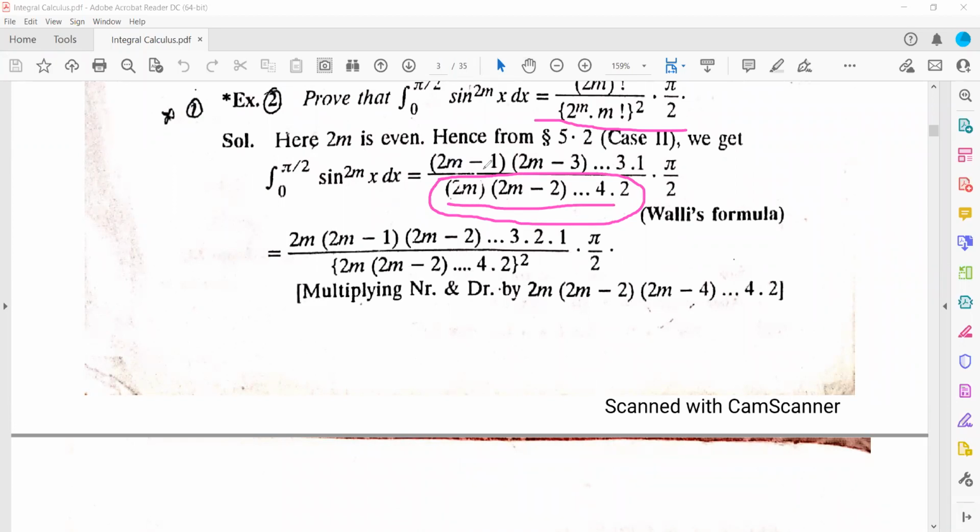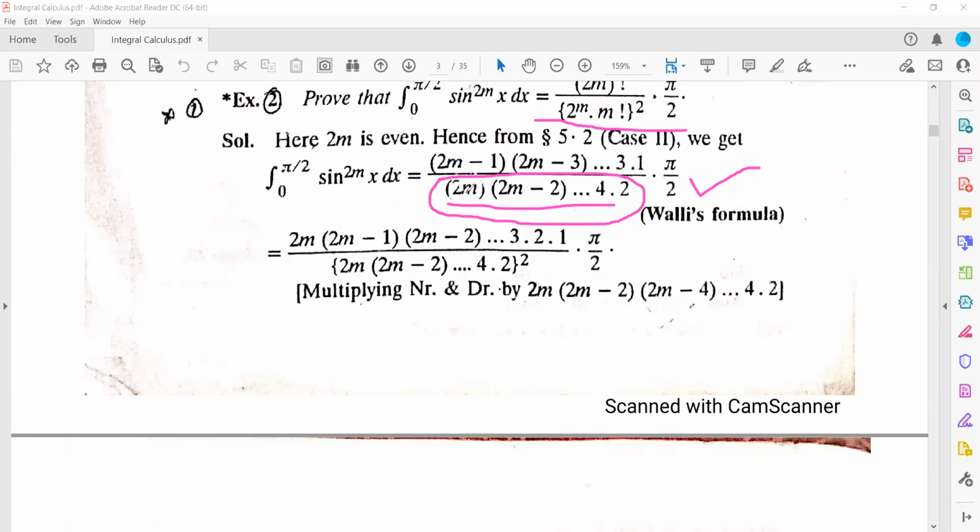Twice m into twice m minus 1 into twice m minus 2. I'm just arranging that one. These terms are missing here, no? So that's why I'm multiplying the numerator by this and then again multiplying the denominator by this. So ultimately it will cancel out, and you will get this one again.